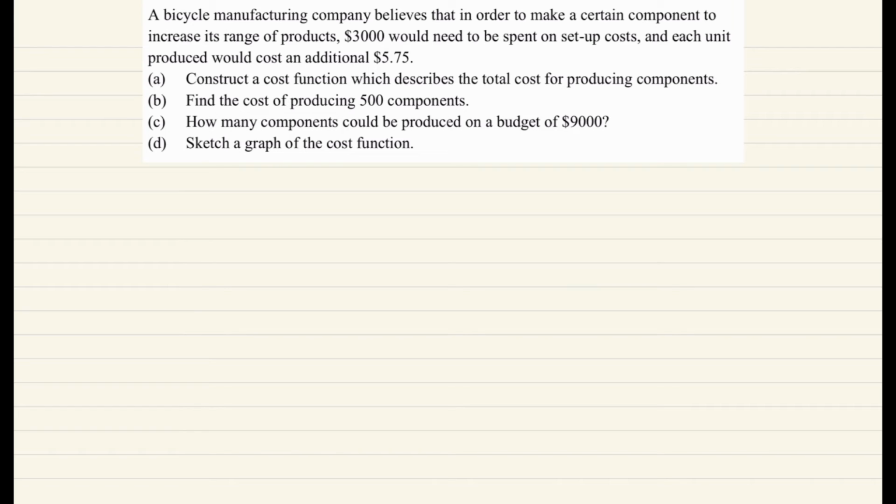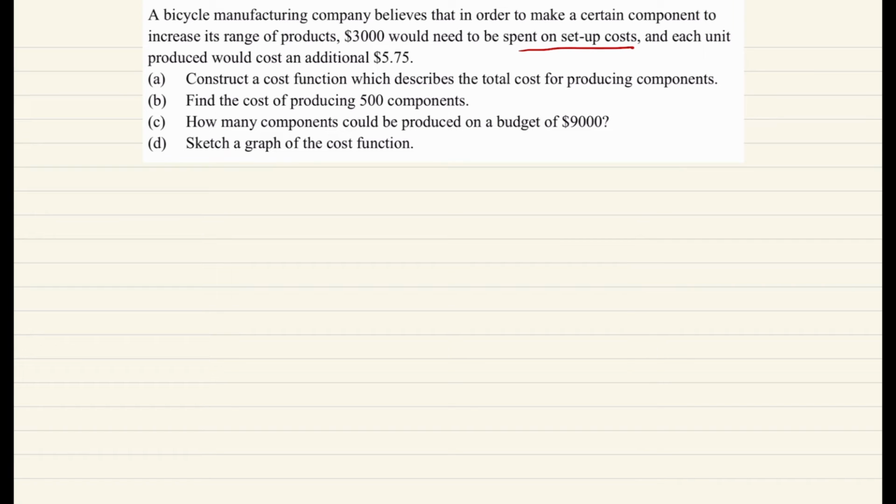So we have a bicycle manufacturing company that believes that in order to make a certain component to increase its range of products, $3,000 will need to be spent on setup cost. Just from here, we know that to set up the company, it is the starting pay. This is where the money starts.